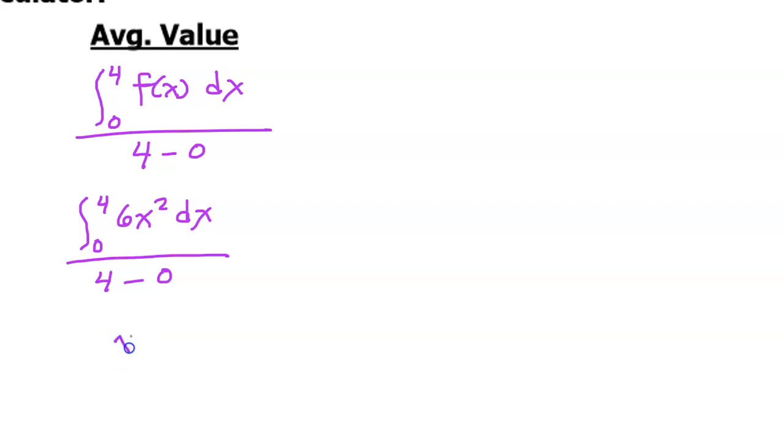So I'm bringing down my x, I'm increasing the power by 1. That's x to the third power. I need to divide by the new power. 6 divided by 3 is 2. So this is the antiderivative of 6x squared. But we must evaluate on the definite interval from 0 to 4.